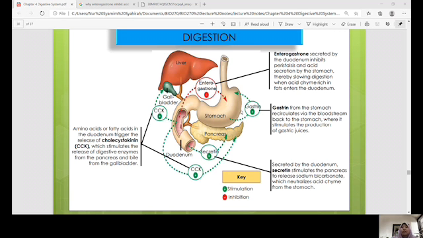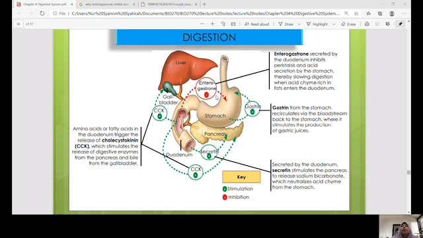When there is less food here to be digested, the stomach needs to increase the pH, not become too acidic. So what the hormone does, the duodenum will stimulate the release of enterogastrone into the stomach. This enterogastrone will cause less acid produced in the stomach, and it also inhibits the process of peristalsis.